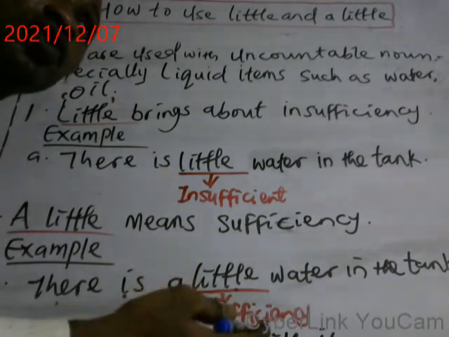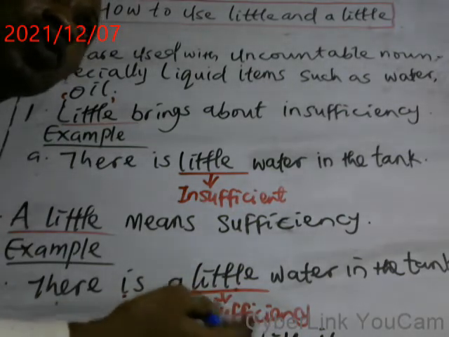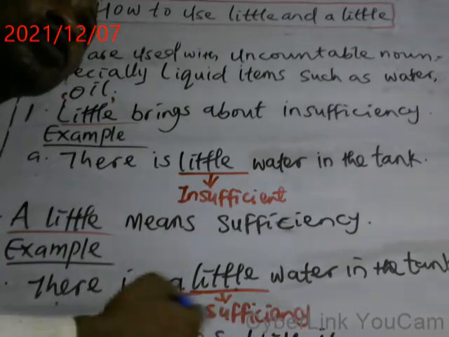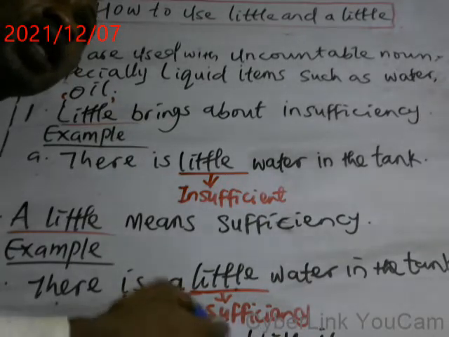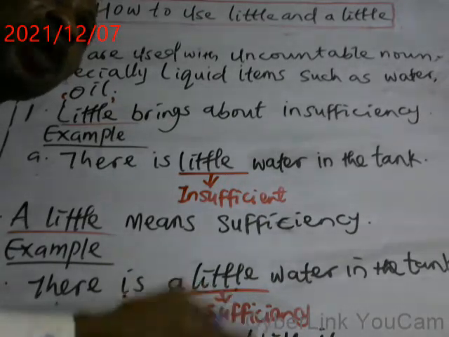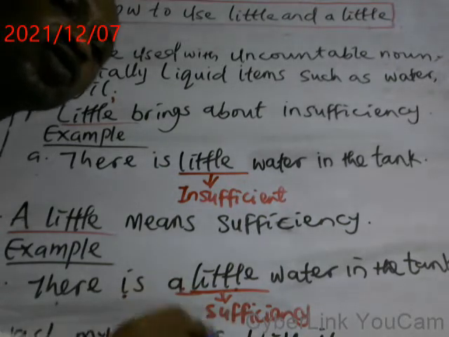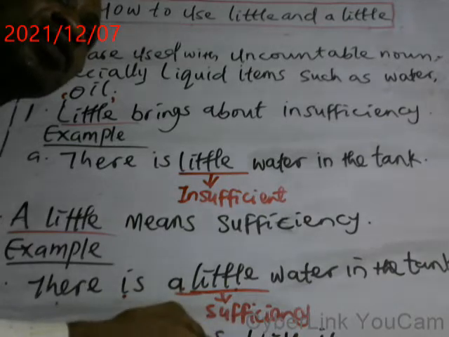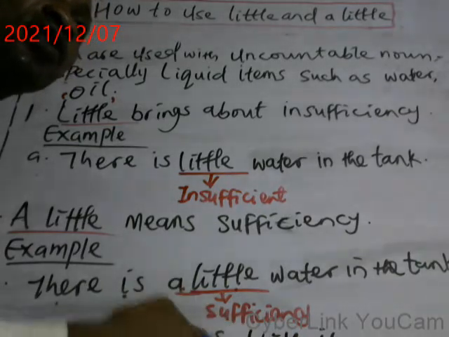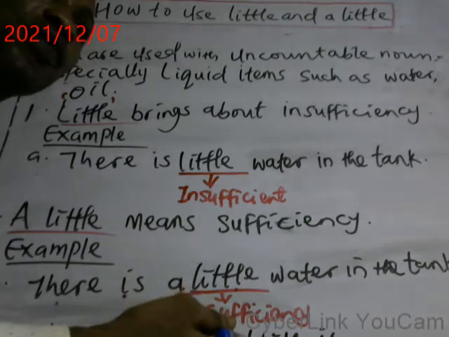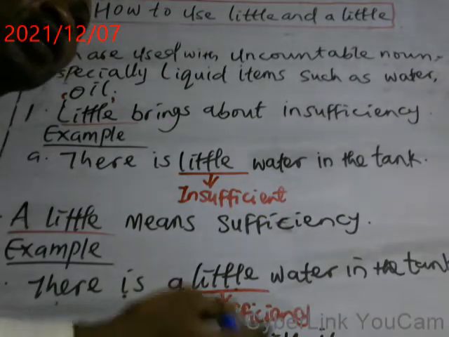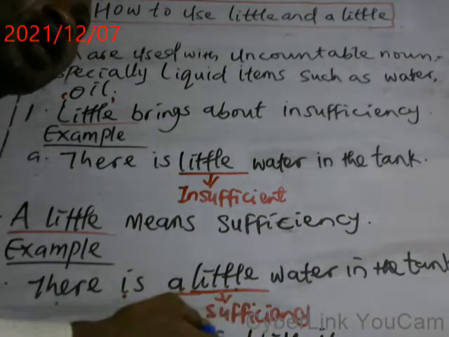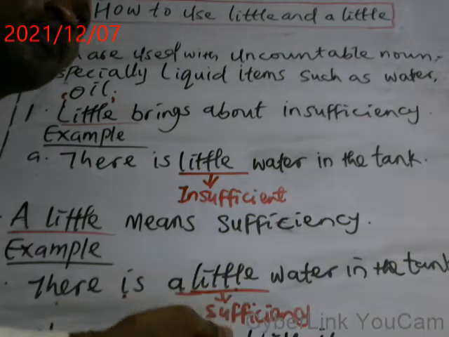Then little, either little or a little, is used with mass-count nouns. Mass-count nouns are also known as uncountable nouns. Items that cannot be counted. Items whose quantity we cannot determine by numbering.